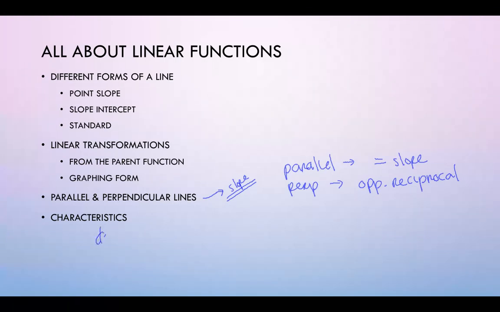Characteristics, so we talked about things like domain, talked about things like range, increasing versus decreasing intervals, right? And for a line, it was either increasing or decreasing, so that happened over the entire domain. We talked a bit, not too much, but we introduced the word continuity. And a linear function is continuous.